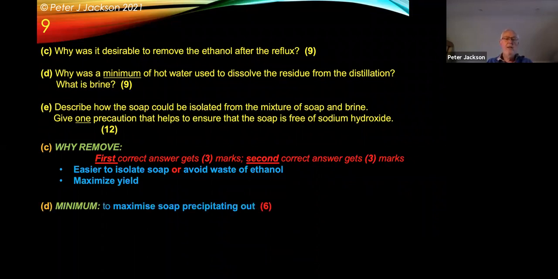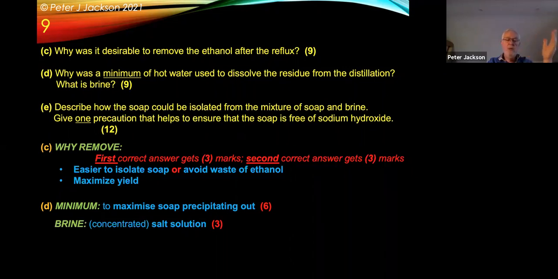Right? And then D, why was a minimum of hot water used to dissolve the residue from the distillation, and what is brine? Well, the minimum is to maximise the precipitation of soap, and brine is concentrated salt solution.